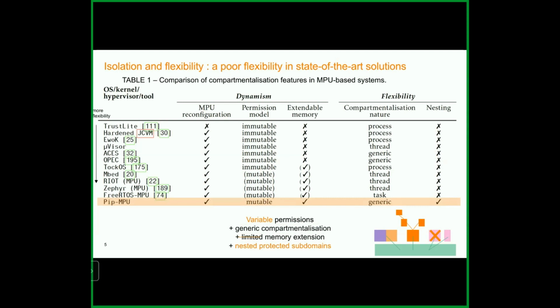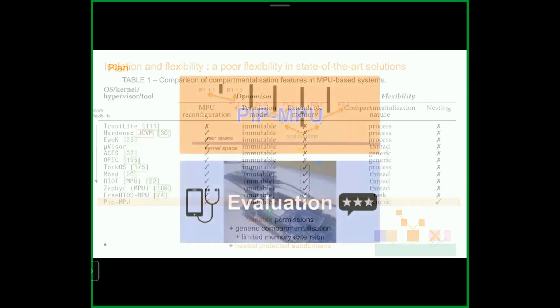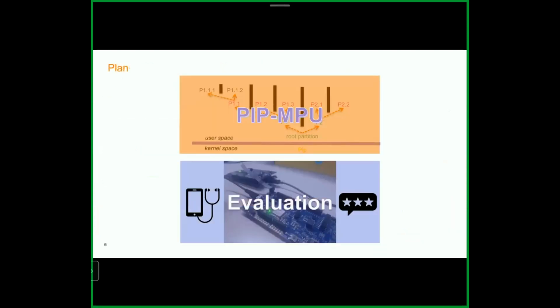That means nesting of memory spaces to have many levels of protected subdomains. And so this hasn't been achieved yet, and that's why we created Pip-MPU. So the plan is to first focus on Pip-MPU and then to evaluate the solution to see if it's really usable on constrained devices.